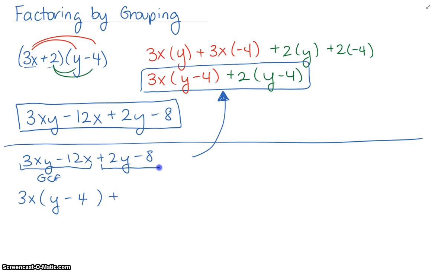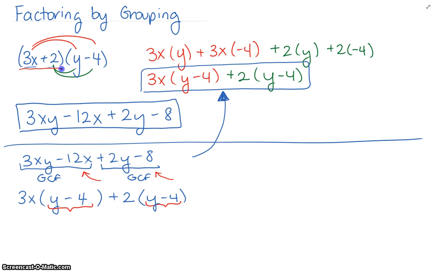If I look at my next two terms, I want to find the greatest common factor again. In this case, it's just 2. And then we'd have y minus 4 inside of our bracket. One of the most important parts of factoring by grouping, which is what we're doing, is creating two groups, and we want to get the exact same thing inside the bracket.